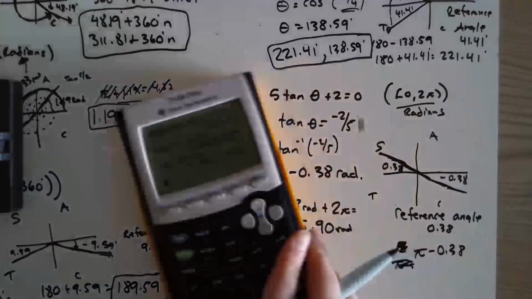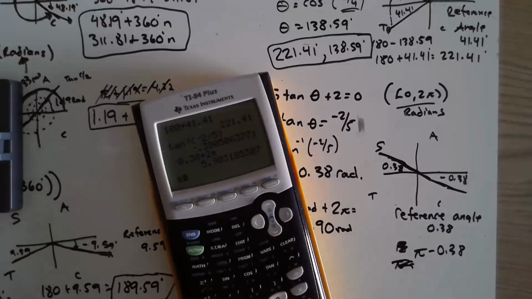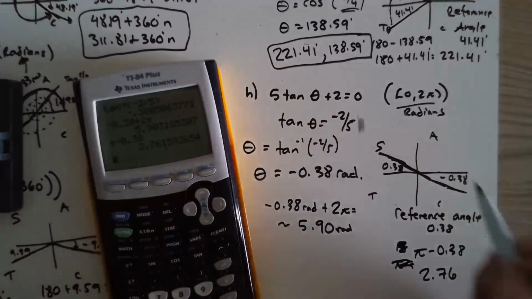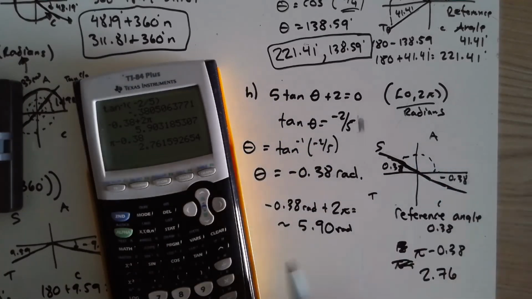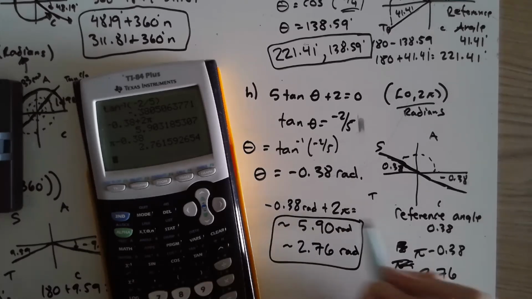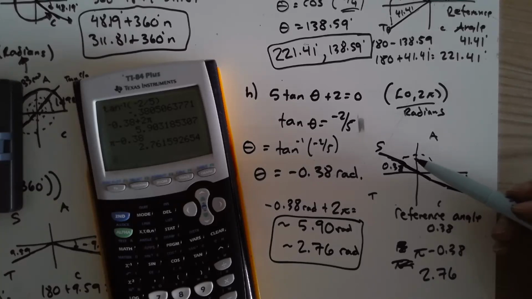So if I take pi minus 0.38, I get 2.76. So my other answer is about 2.76 radians.